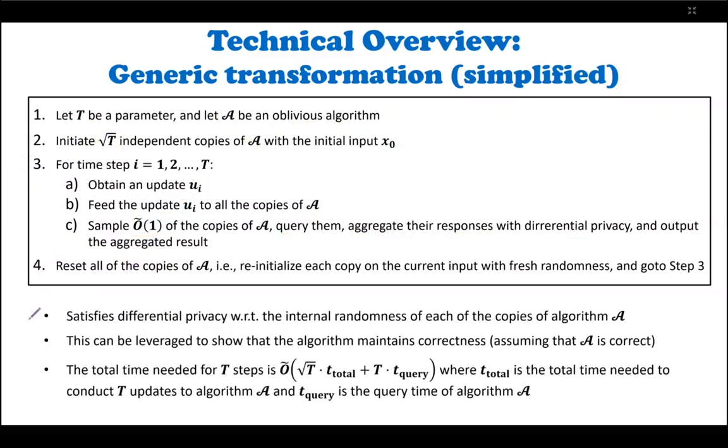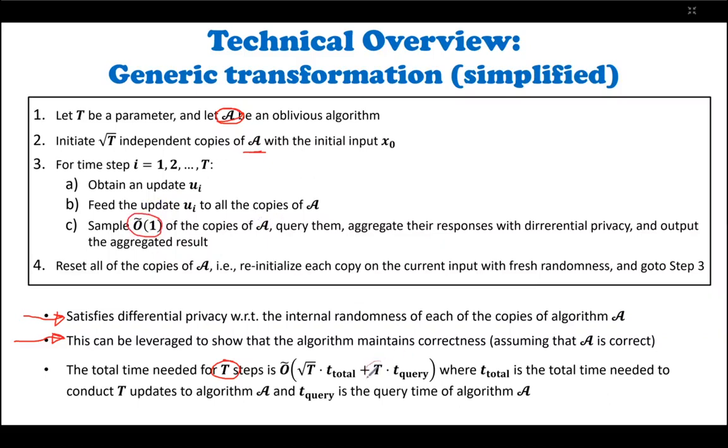In the analysis, we show that this algorithm satisfies differential privacy with respect to the internal randomness of the copies of algorithm A. This we leverage in order to show that the algorithm maintains correctness even in the adaptive setting, as long as algorithm A is correct in the oblivious setting. And the total time that we need for T time steps is: during every time step, we query, let's say, a constant number of the copies of A.